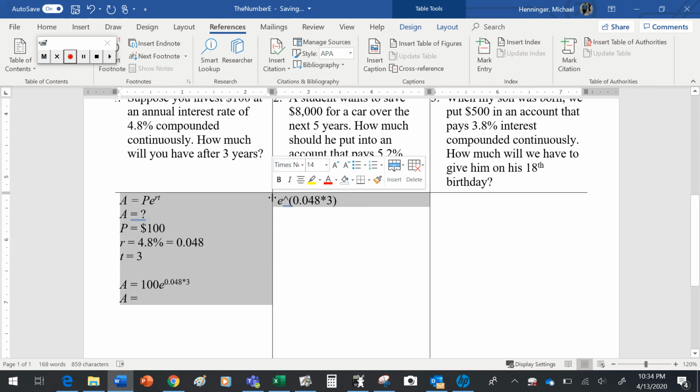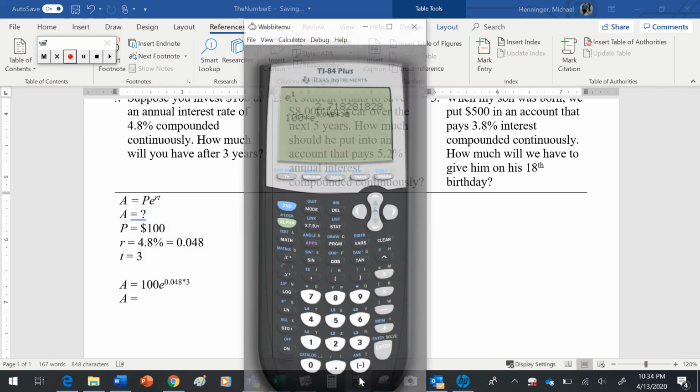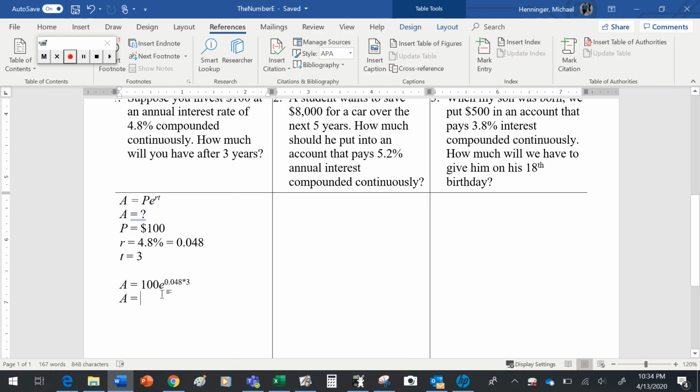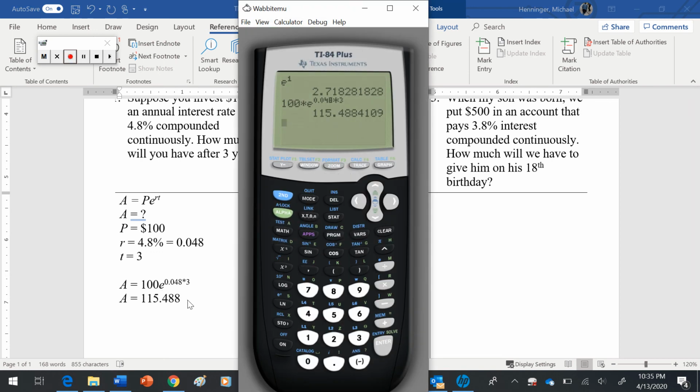Okay, now let's go back to that calculator and let's get our answer. So about 115.488. Double check, 115.488, good. Okay, now they want to know how much will be in the account.